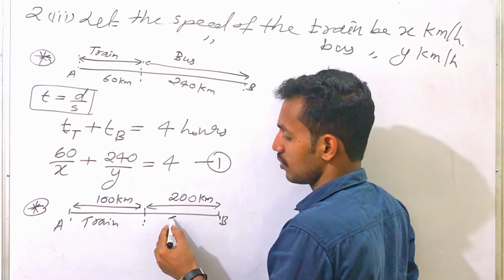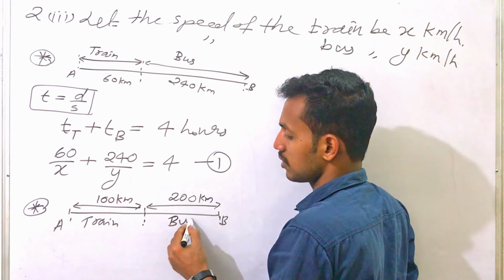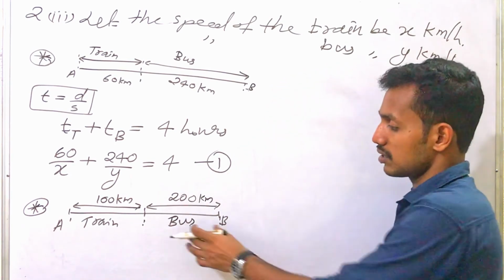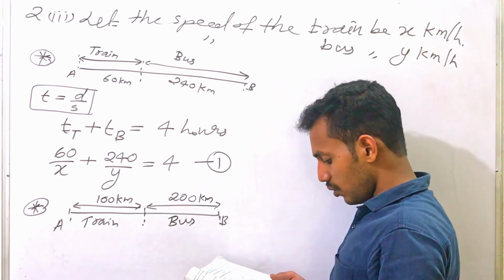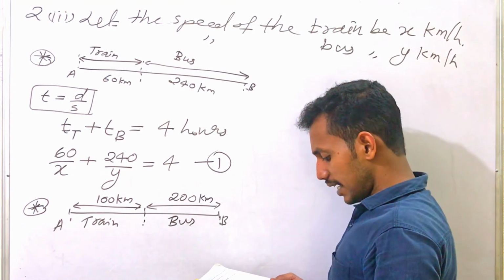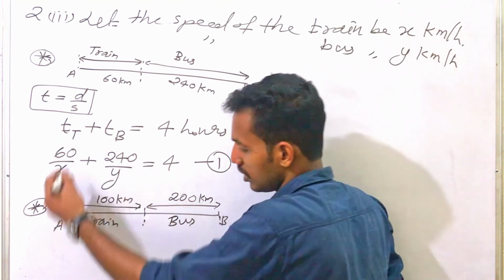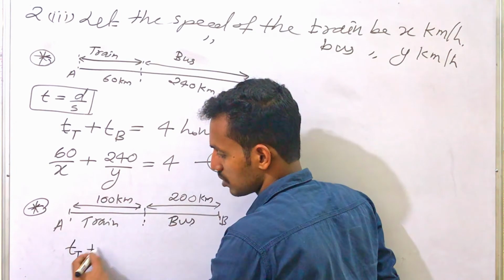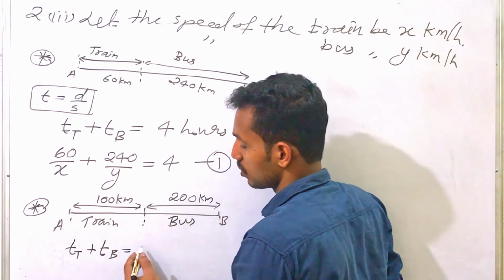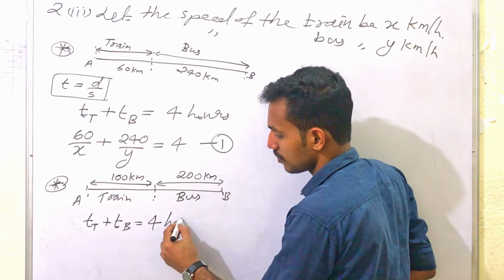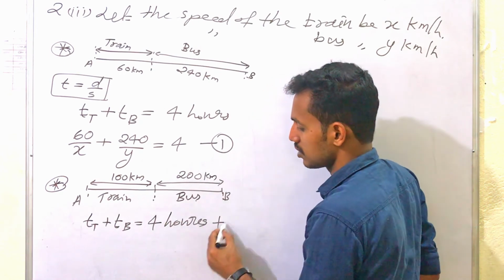That is the distance traveled in bus. Now, she takes 10 minutes longer. The same condition: time taken by the train plus time taken by the bus is equal to 4 hours plus 10 minutes.